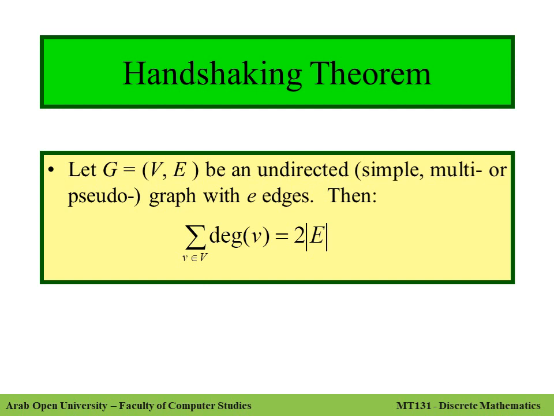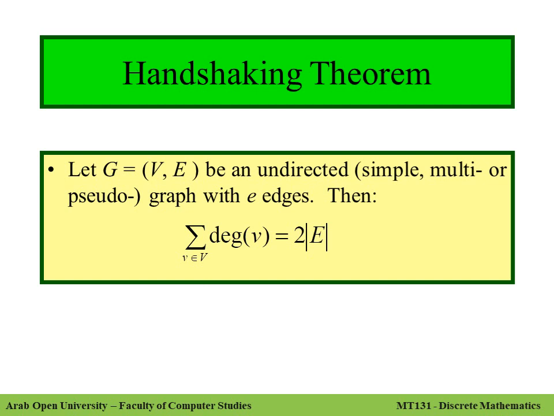We have some formulas that deal with the degree of a graph. G again is a graph with vertex set V, and E is a set of edges. It is undirected. It could be simple, it could be a multigraph, or it could be a pseudograph.